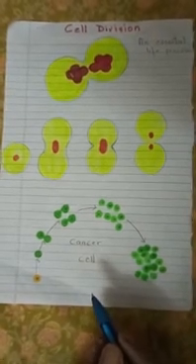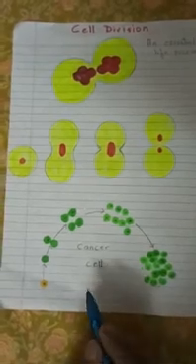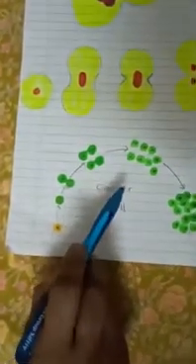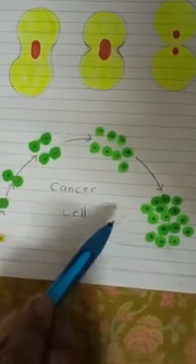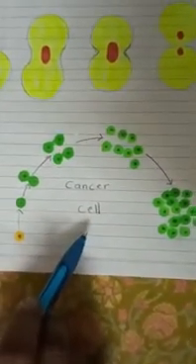However, when cell division goes awry, dramatic results may occur, and repeated rounds of unregulated cell division can lead to life-threatening diseases like cancer.